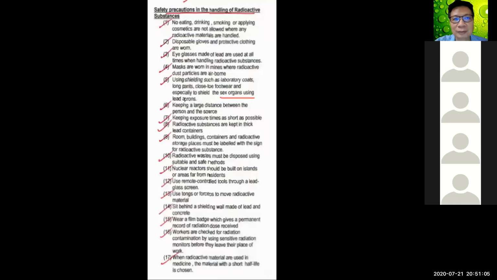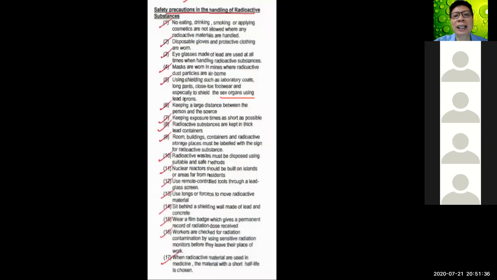Radioactive substances are kept in thick lead containers. Yes, correct. Very good. Must be kept in a thick lead container. And last, one more. Use tongs or forceps to move radioactive materials. Correct. Use tongs or forceps to move them. When you cannot use remote control, use forceps. Okay, Angel, thank you.